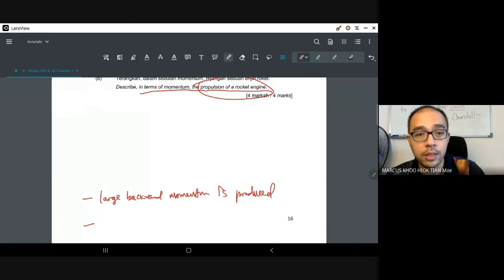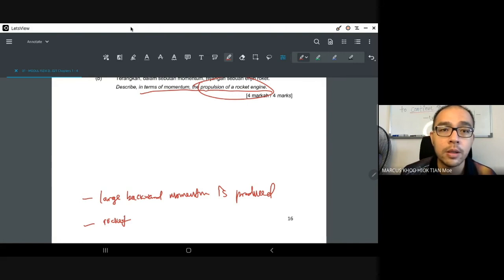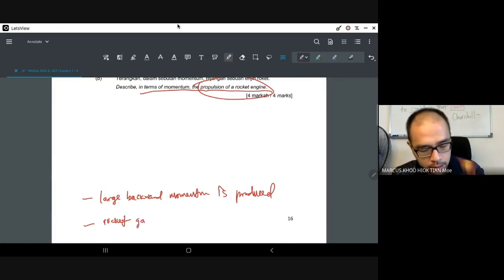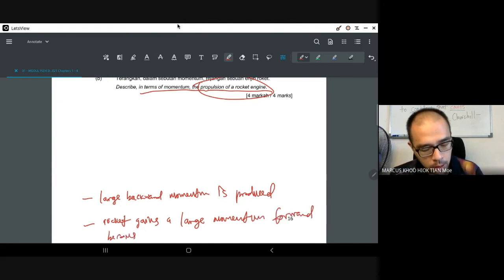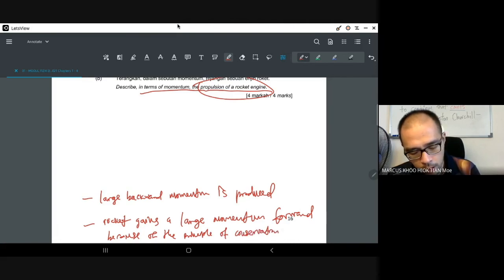Okay, the large backward momentum is produced. So the rocket gains a large momentum forward because of the principle of conservation of momentum.